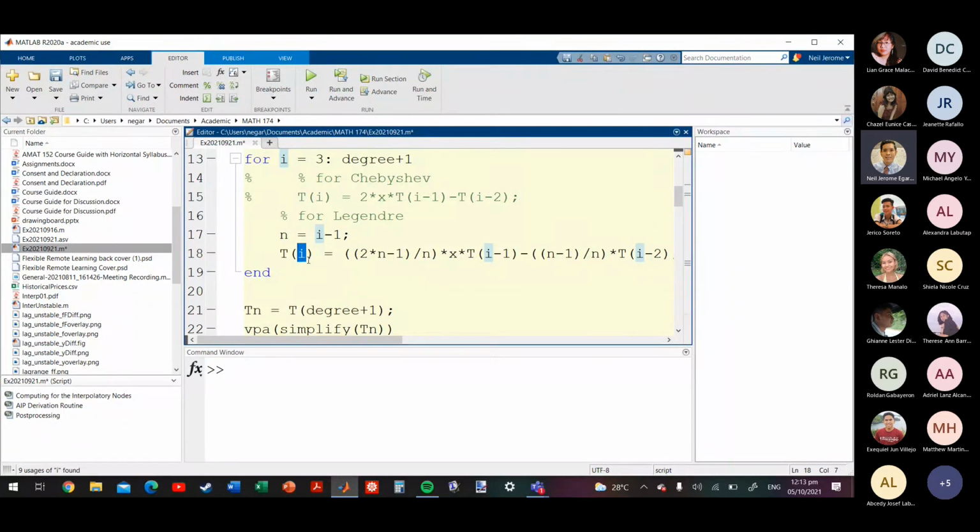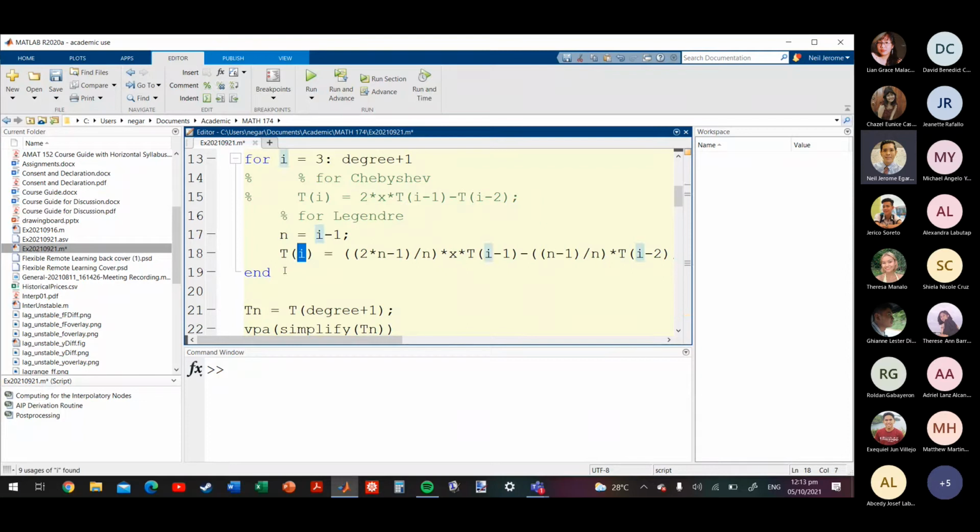Of degree i minus 1, right? Pero yung formula para sa Legendre polynomial ay 2 times the degree minus 1 over the degree of the resulting Legendre polynomial. So yung n dito represents the degree of the Legendre polynomial. Pero dun sa indexing natin dito sa for loop, yung ti, siya ay degree i minus 1.